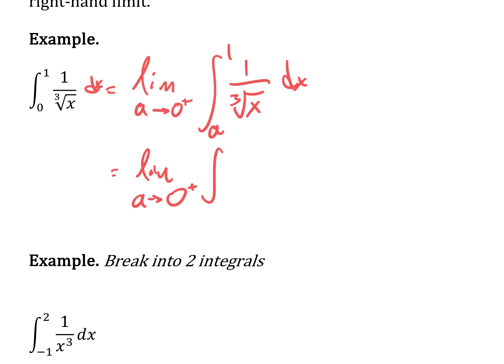This is the integral from a to 1 of x to the negative 1/3. So we have a going to 0 from the right.